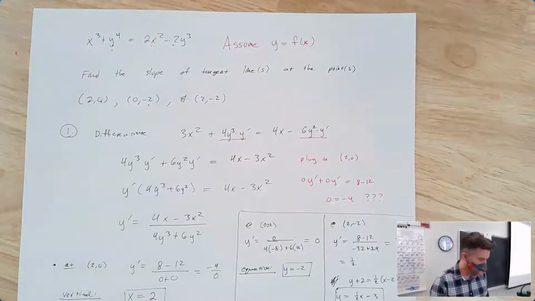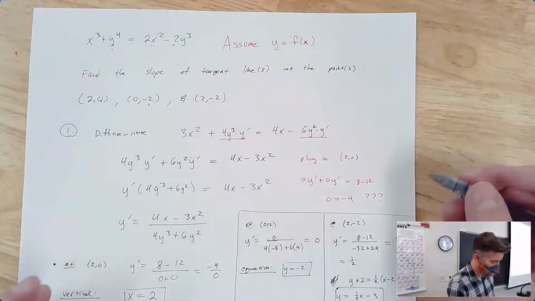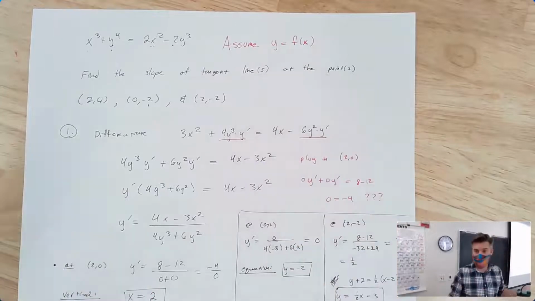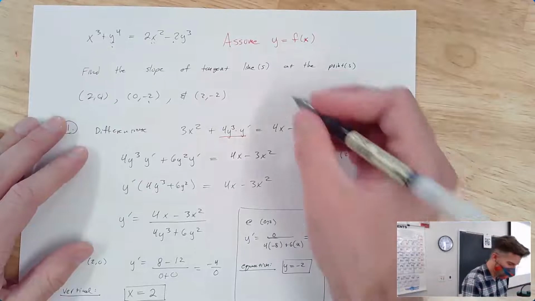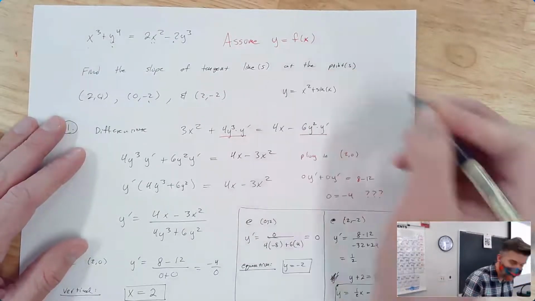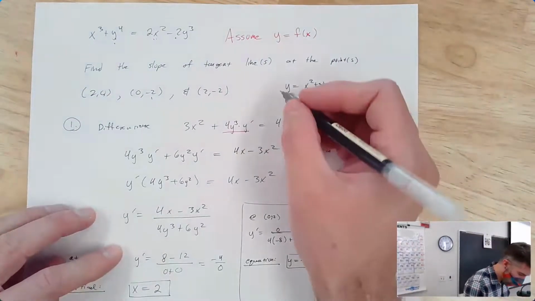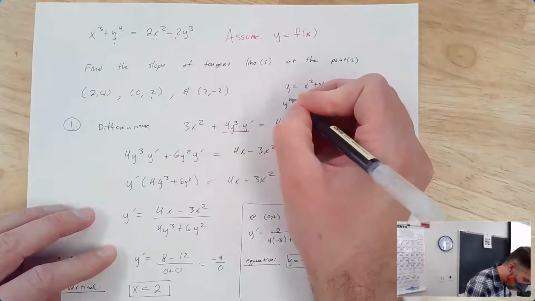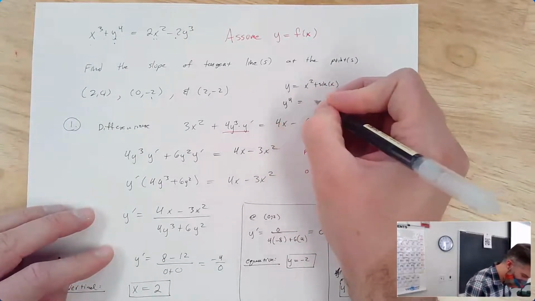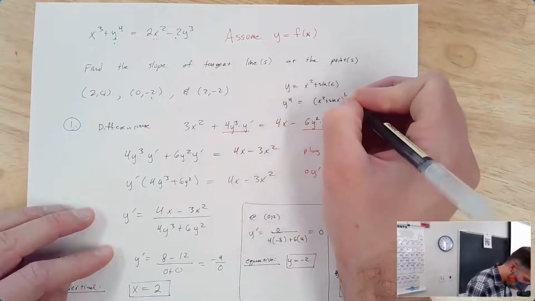So why, when we took the derivative of y to the 4th, did we get 4y cubed times y prime? Well, the reason is because we're really pretending like y is some function of x. So maybe, although it's not true, y is equal to x squared plus sine of x. I know that's not really the case, but we can just pretend for a minute. Then y to the 4th is really x squared plus sine of x, all to the 4th.